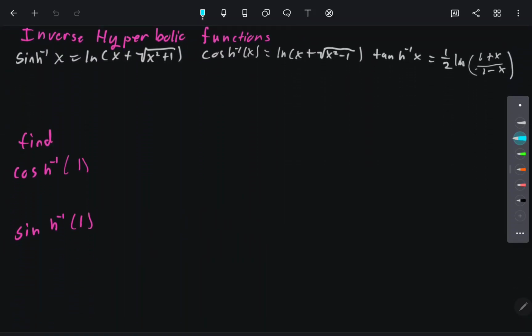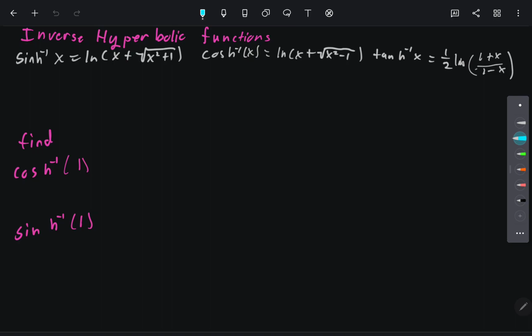Alright. So now we are left with the inverse hyperbolic trig functions. For these inverse hyperbolic functions, there's several definitions of them. We have the hyperbolic sine inverse of x is equal to the natural log of x plus the square root of x squared plus 1.